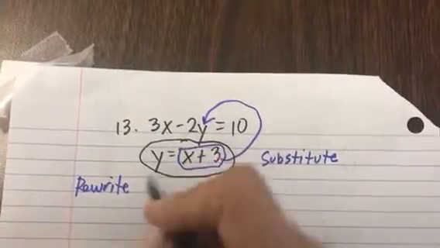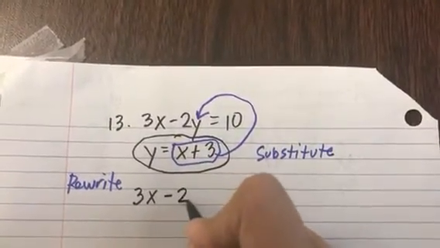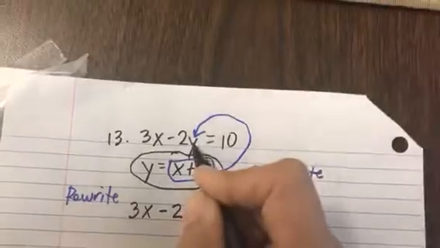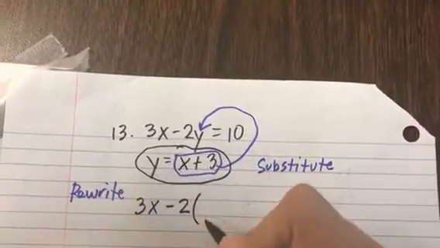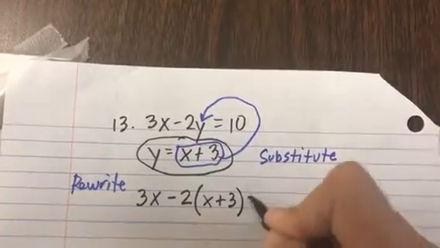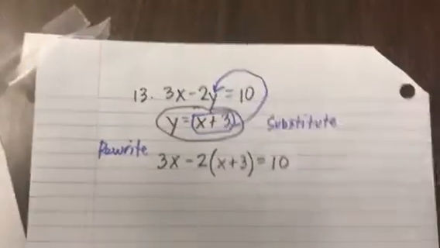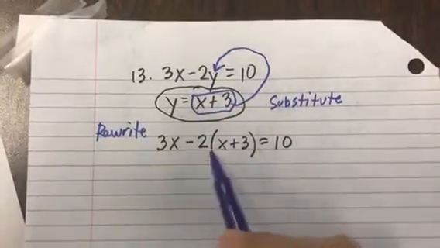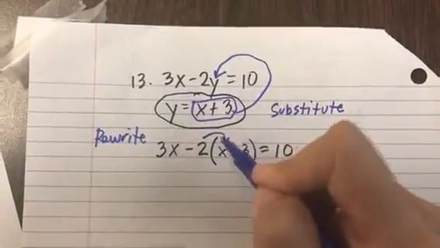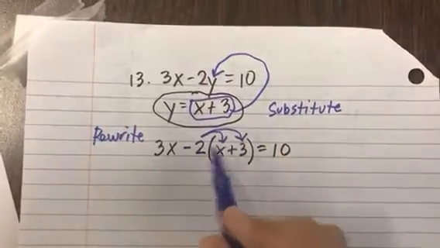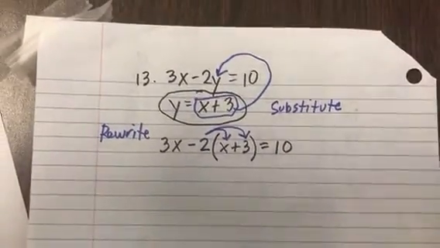Looking at the first equation, 3x minus 2y. But instead of the letter y, they're telling me I can write x plus 3. Now, like we did in class, to get rid of parentheses, we distribute. So I'm going to distribute the -2 to both terms and rewrite the problem.